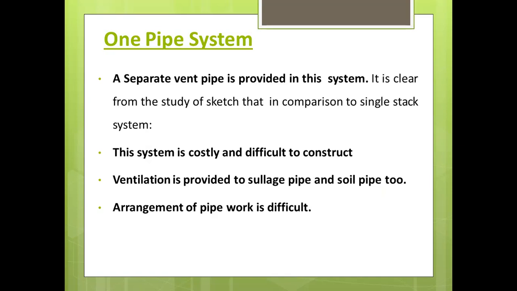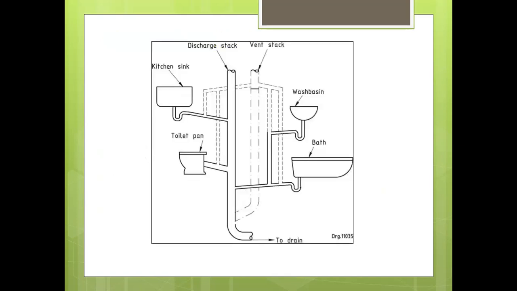In this system, a separate vent pipe is provided, and the traps of all the water closets, basins, etc. are completely ventilated. If this system is provided in multi-story buildings, the lavatory blocks of various floors are placed one over the other, so that the wastewater discharged from different units can be carried through short branch drains to a common soil and waste pipe. This system is costlier than the single stack system.